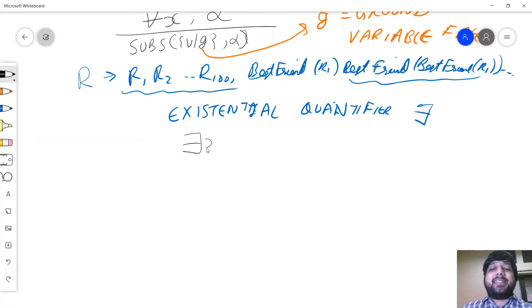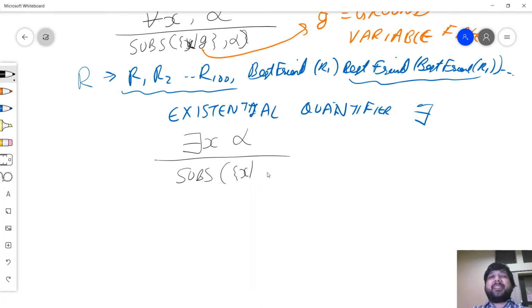If there is something like there exists x and alpha, then I can substitute x with a specific constant. So the specific constant can be anything, let us say z. So here this is a constant, this is a variable. So I replace it with a specific constant in the sentence alpha.